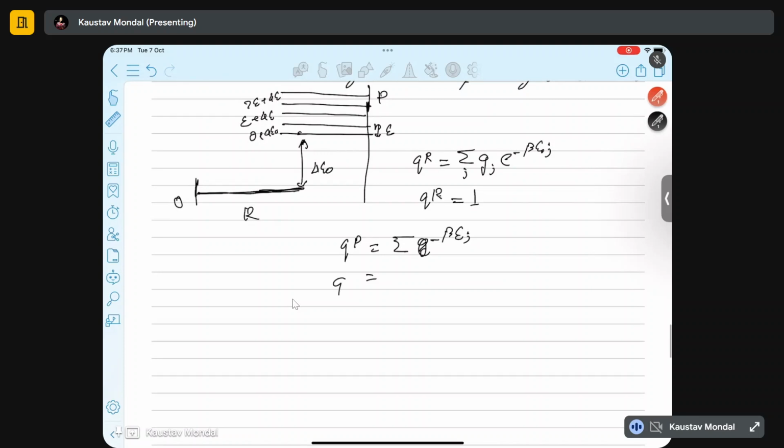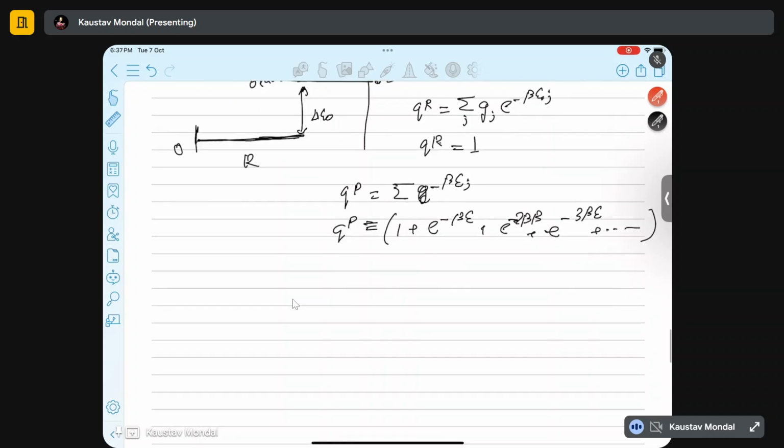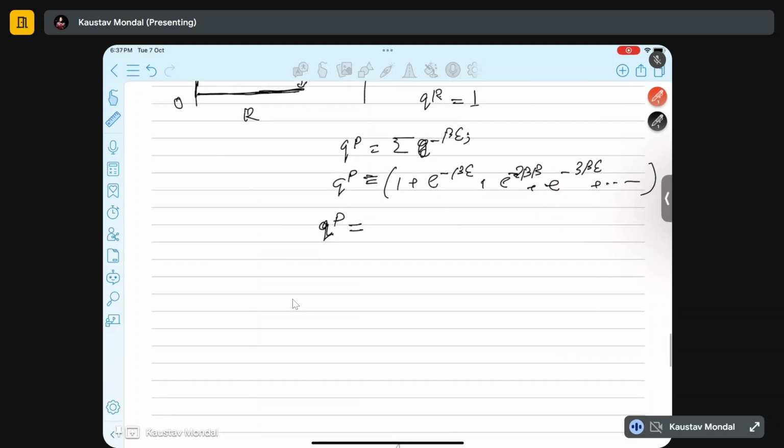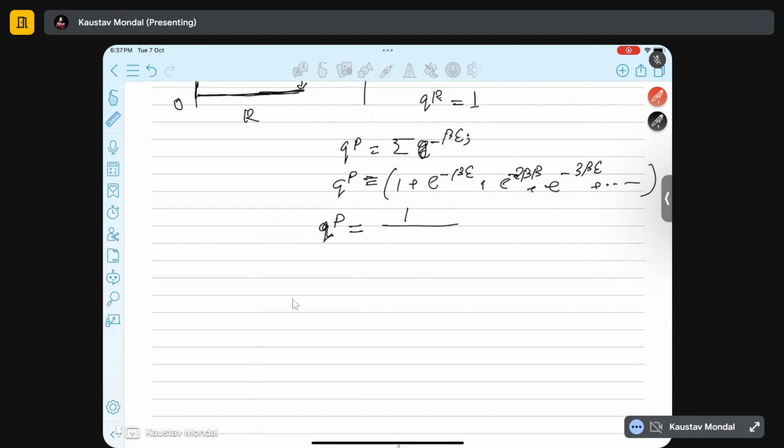For products, QP will be equal to 1 plus e to the power minus beta E plus e to the power minus 2 beta E plus e to the power minus 3 beta E, and so on. It will go like this. Now from here, if you take the infinite geometric summation over all the terms, it looks like 1 by 1 minus e to the power minus beta E, right?